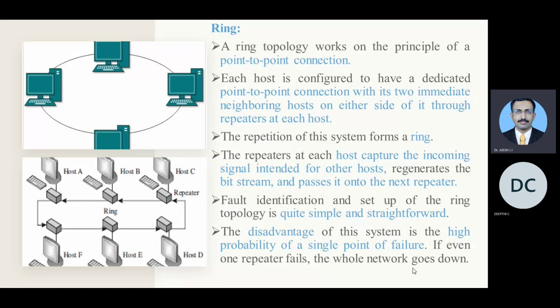So we have seen the various topologies in the previous class. Point to point and point to multi-point, these are the types of connection. Now we have seen the physical topologies. Now next is what?